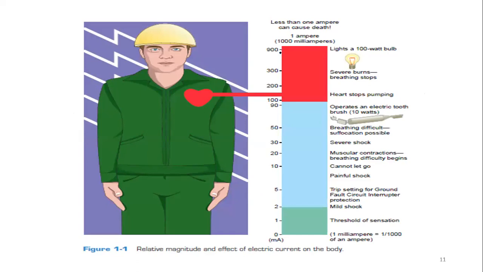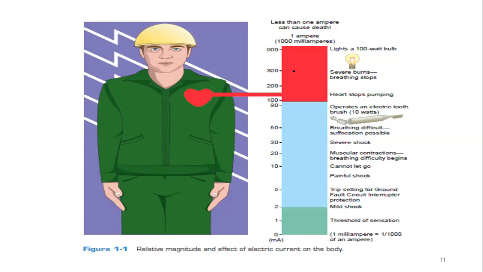A few current values and their intensity and effects are shown here, starting from 1 milliamp to 1 ampere. We can see that 900 milliampere can light a bulb.